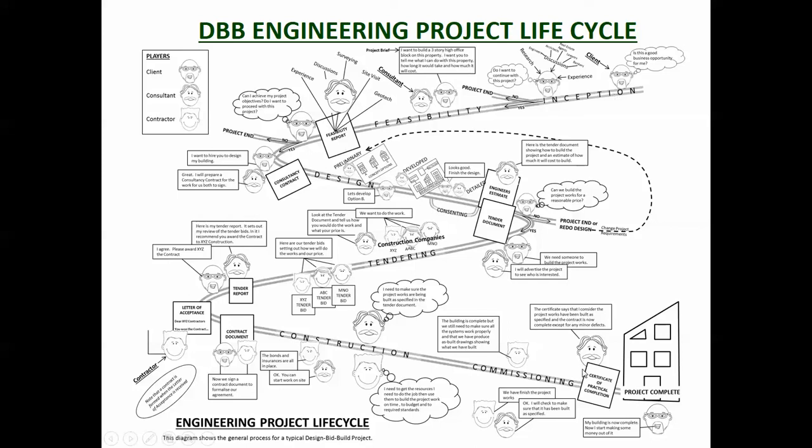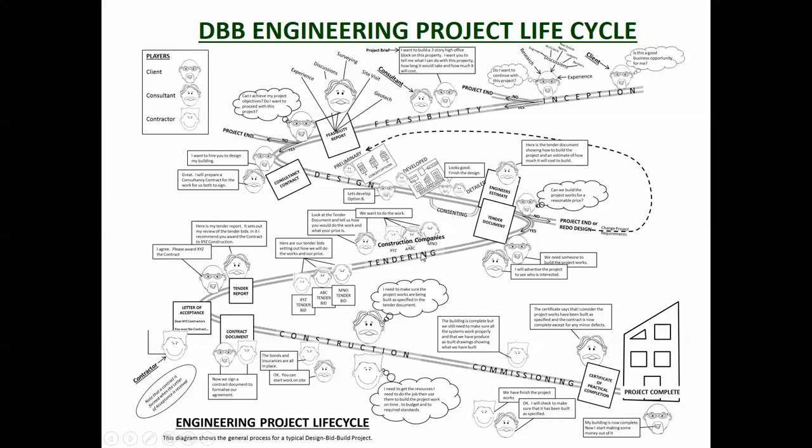It starts, it finishes. So it starts with a client who sort of decides that he's got an idea, he wants something done. He might have a need or an opportunity. He investigates whether it's feasible or not, whether he can do what he wants to do, decides whether to carry on or not. If he does, then it gets designed. And in a DBB project, it'll be designed, and a tender document setting out what needs to be built is produced.